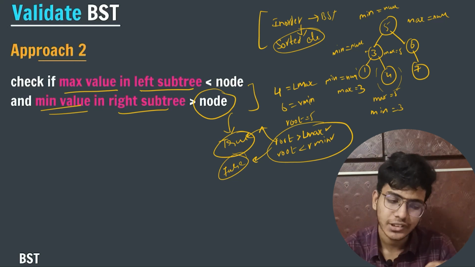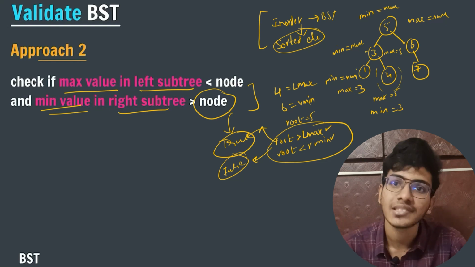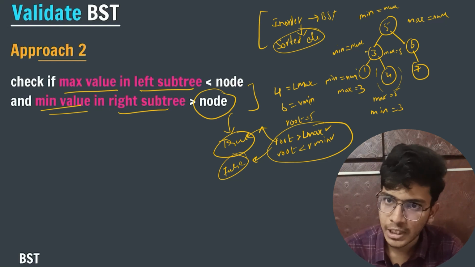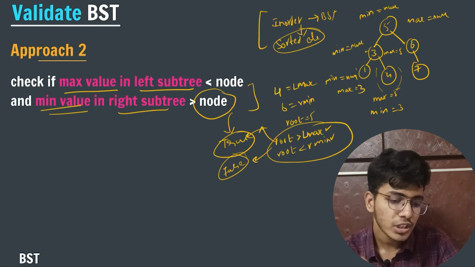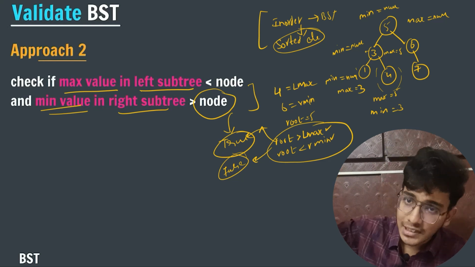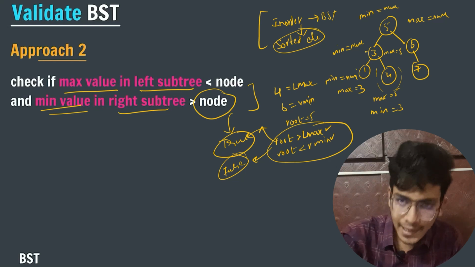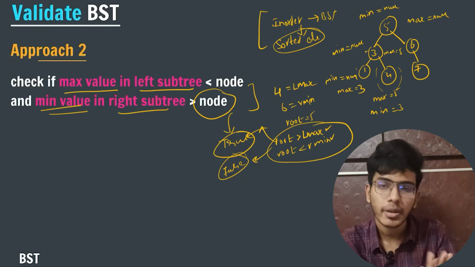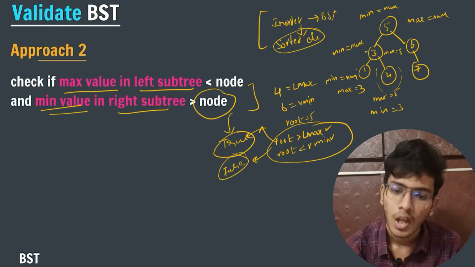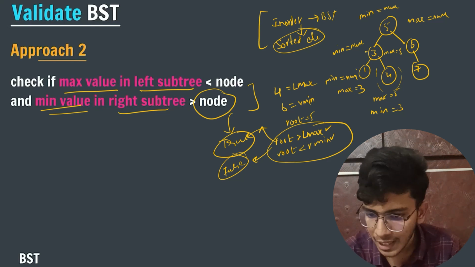If I assign a value less than 3, then it will not become a valid BST. If I assign a value greater than 5, then it exceeds the main root node, and again it will not become a valid BST. Right?